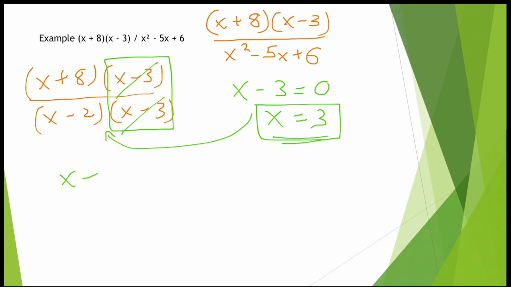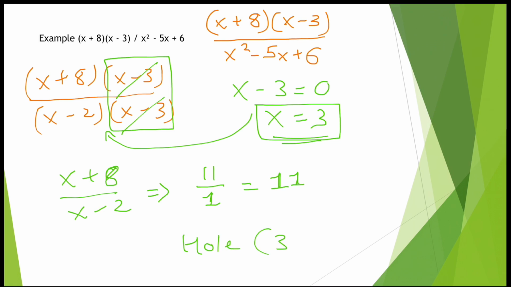We have x plus 8 upon x minus 2, and when you put in x is 3, you have 11 upon 1, which is just 11. So the hole has the coordinates 3, 11, since this is a zero of the common factor, and this is the output when you put in the zeros of the common factor into the remaining polynomial.